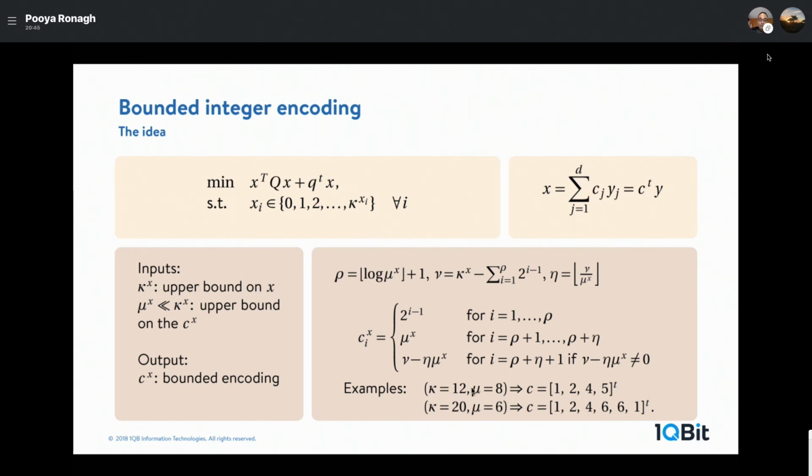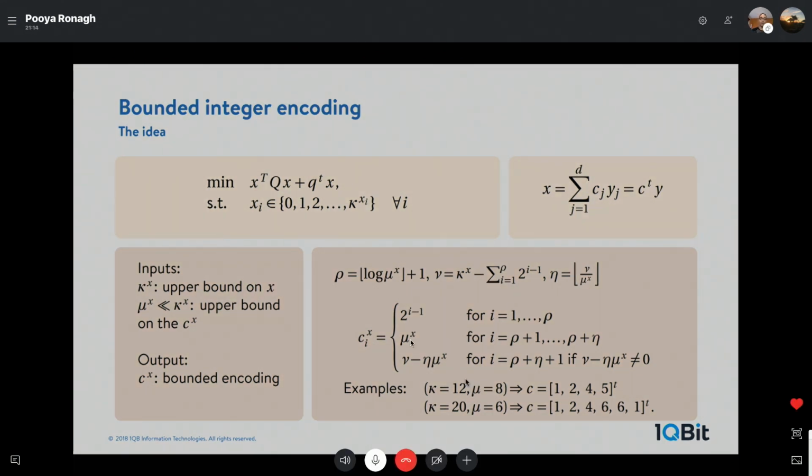So in this example, if I want to encode everything between 0 to 12, and the largest coefficient I'm allowed to use is 8, the idea is very simple. We just start with the binary encoding, and we go up to the point where we can't go higher than the allowed coefficient, and then we fill the rest of the coefficients with the remainder between what we can encode with the binary encoding and the integer we want to be able to encode.